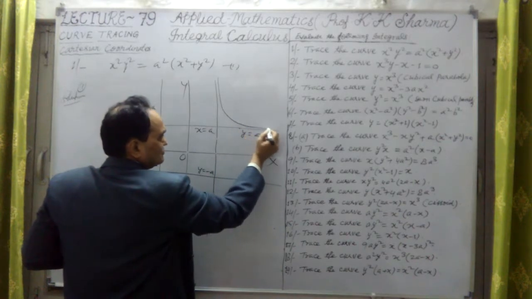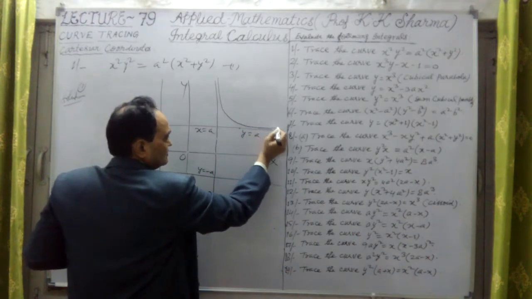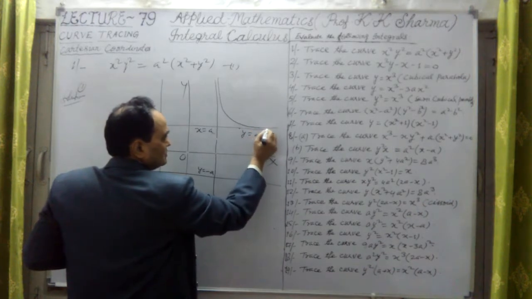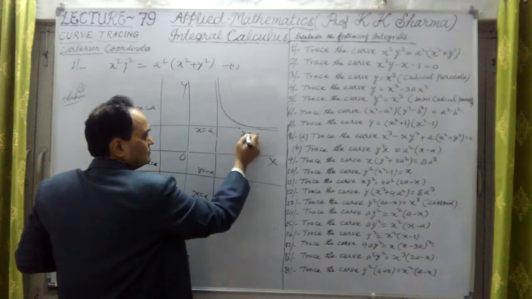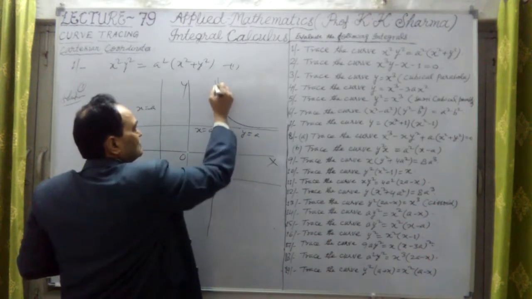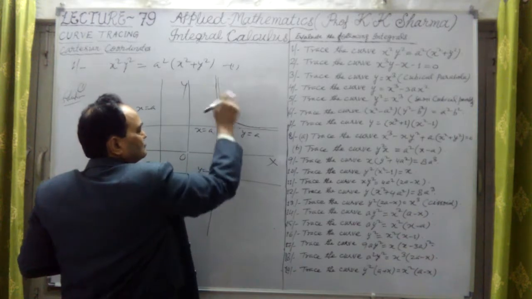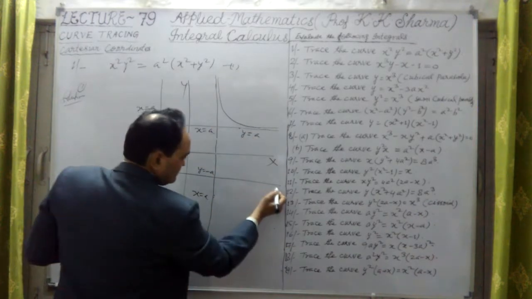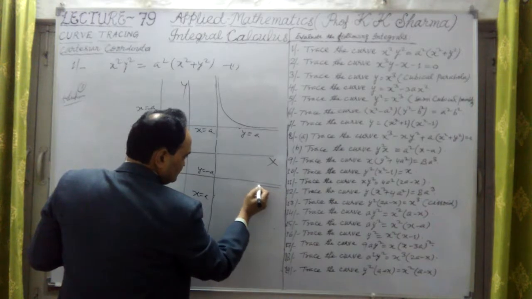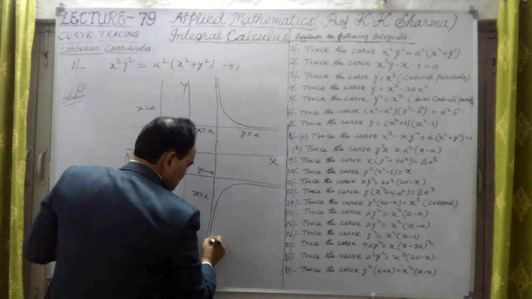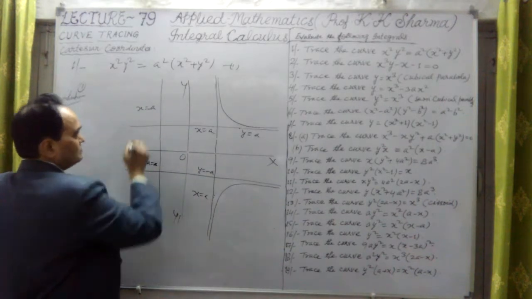These are the asymptotes which are meeting the axis along this line y equal to a. This is y equal to a, this is x equal to a. So these two lines are the asymptotes here which are meeting. Similarly here, these are the asymptotes, no curve.